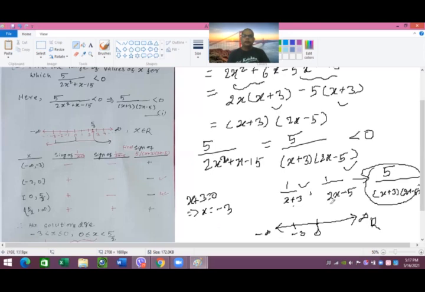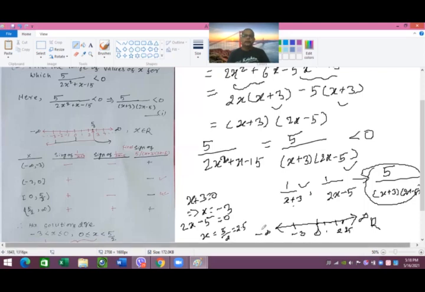Then for the other denominator, 2x minus 5, you put that equal to 0, and then you get x equals 5 over 2, which is in fact 2.5, positive 2.5. So for example, if it is 1 and if it is 2, then 2.5 is somewhere here. This is 2.5.